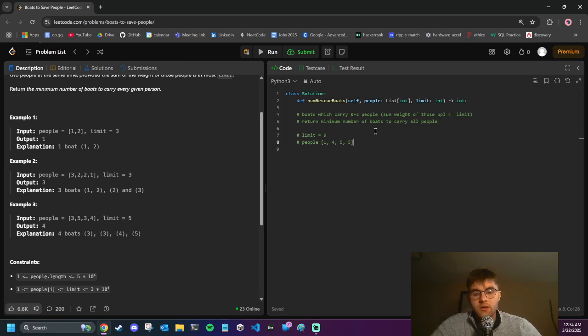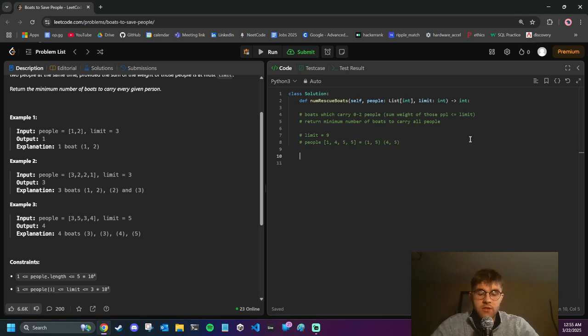In this case, you'd want to group the 4 and 5 together because it gets you closest to 9, and then you want to group the 1 and 5. So the correct answer would be one boat with 1 and 5, and another with 4 and 5.